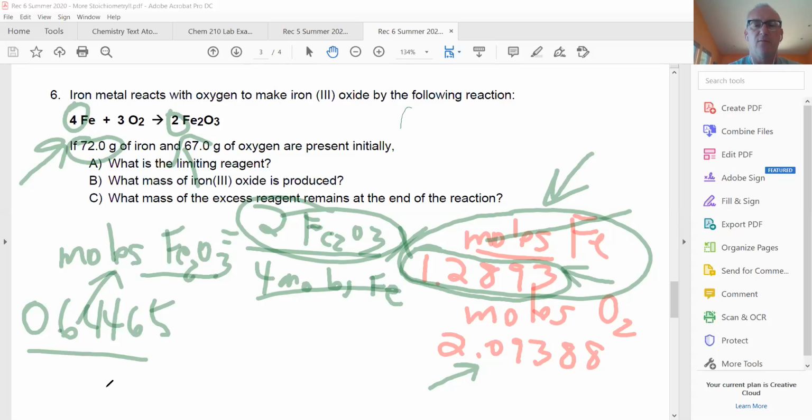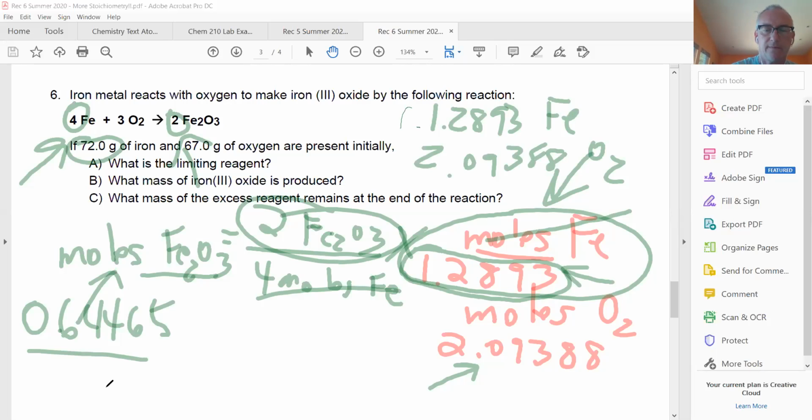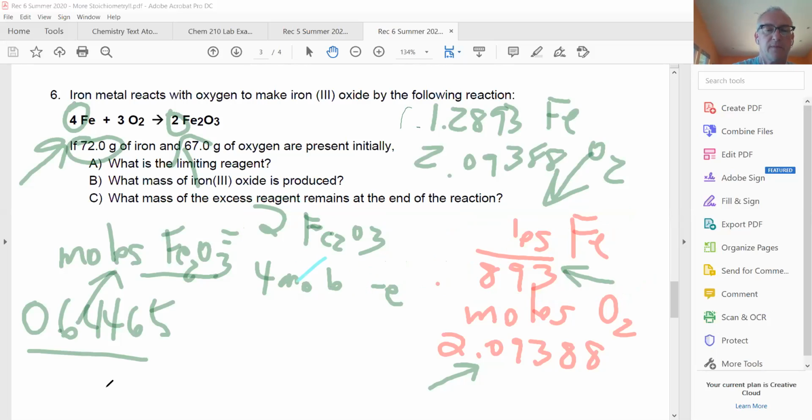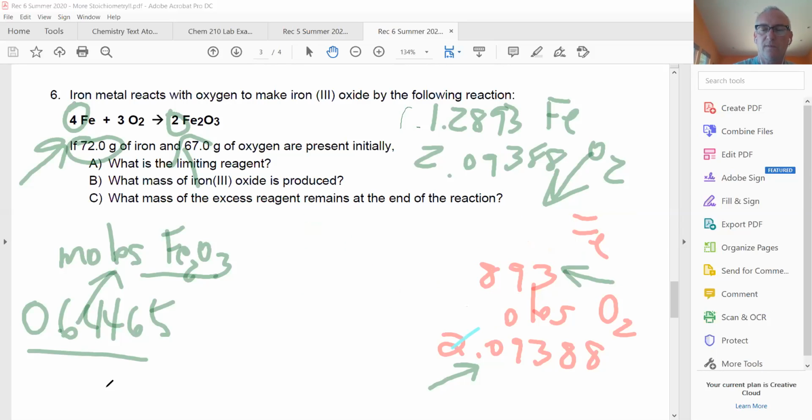So I've got 1.2893 iron and 2.0938802. All right, so that's how much product I would get if all the iron was converted.